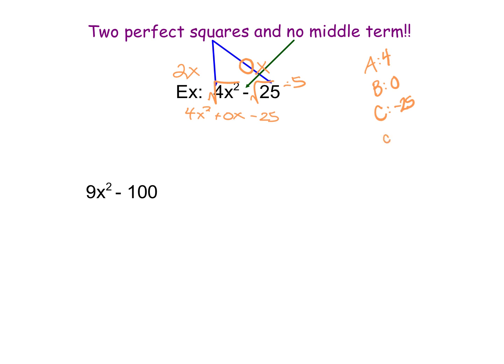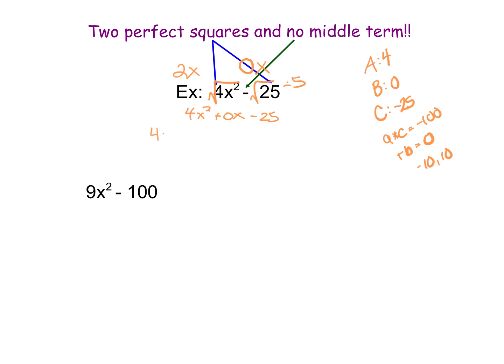And if we multiply A times C, we end up with -100 this time, which is a slight change. And then we have to add to B, which is 0. And if we think about it, two numbers that multiply to -100 but add to 0 are -10 and 10. We have one positive, one negative, which accounts for them adding to 0, but then multiplying to be a negative.